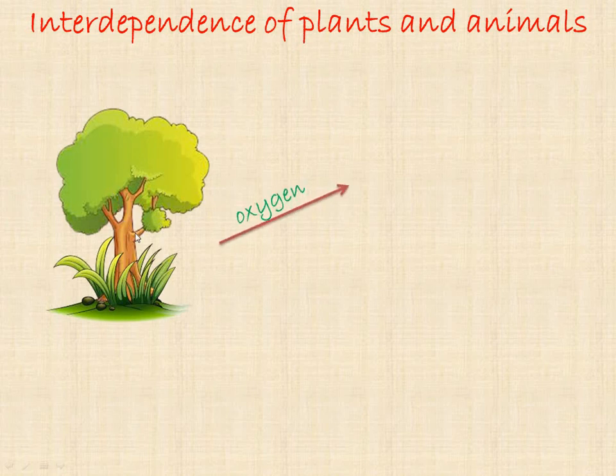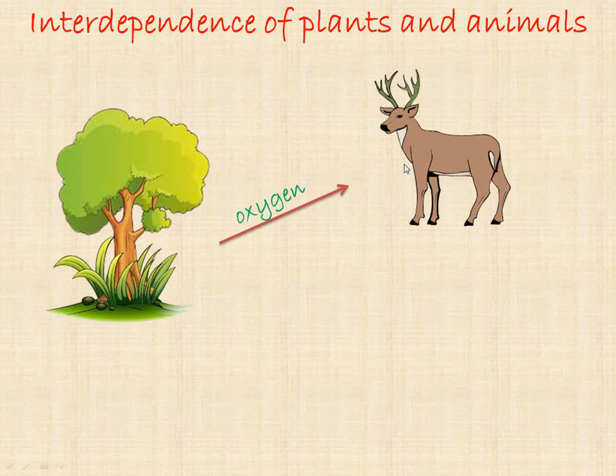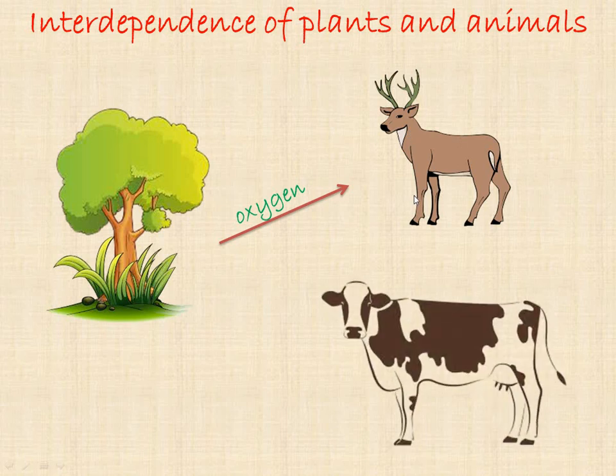Plants do photosynthesis, produce their food, and as a result, they give out oxygen gas, which is used by the animals in breathing. On the other hand, when the animals breathe, they release a gas known as carbon dioxide, which is used by the plants in photosynthesis.